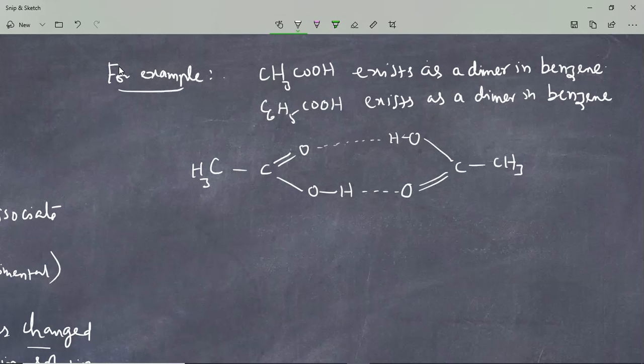The number of acetic acid molecules is reduced to one half, because two acetic acid molecules become one molecule. So the molar mass of the solute doubles compared to the theoretical value. Molar mass definitely increases for this type of association.